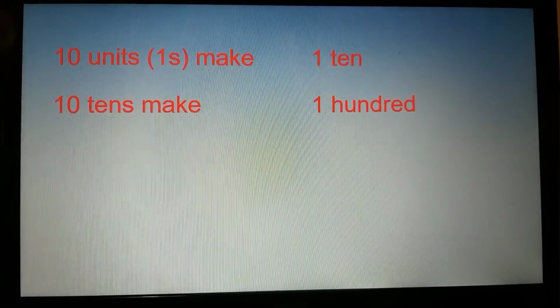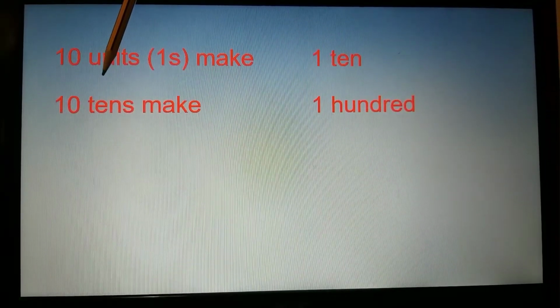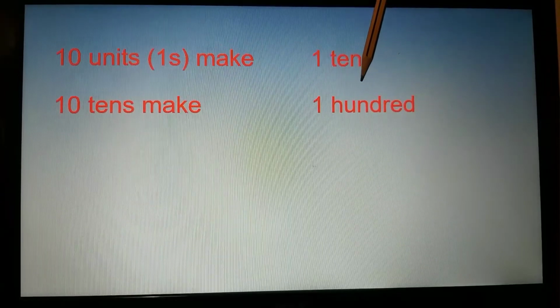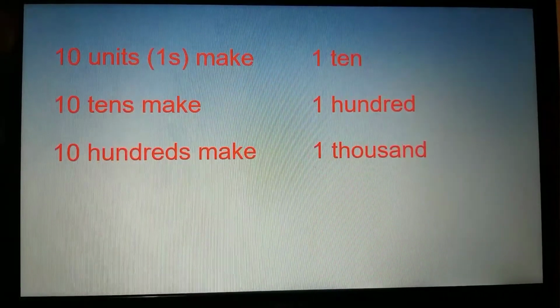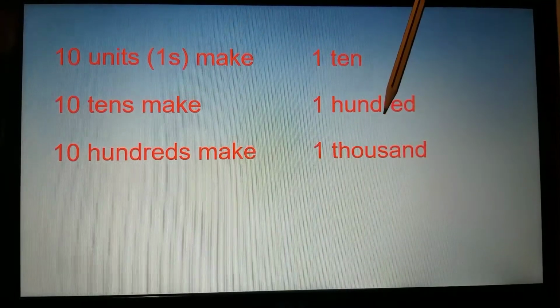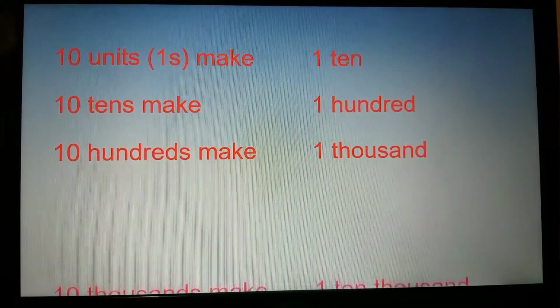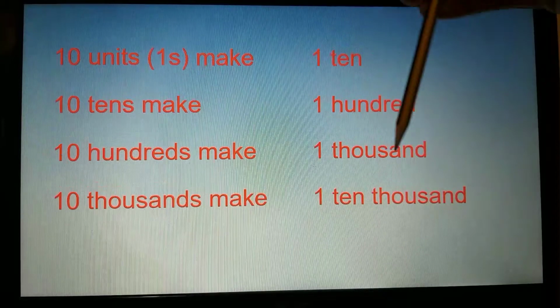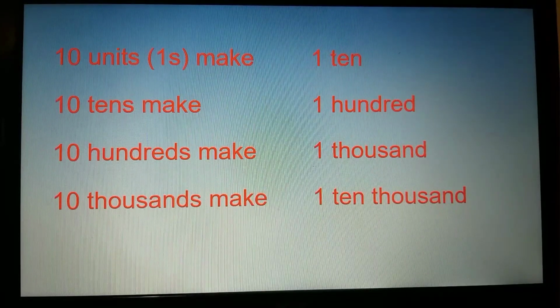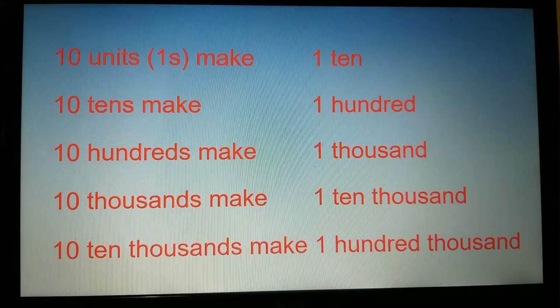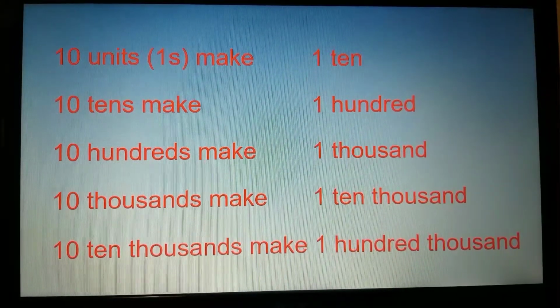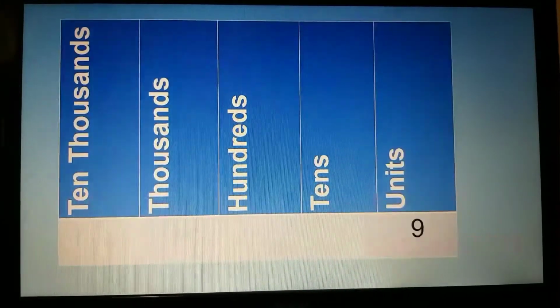So every time we reach 10 tens, we count 100. 10 hundreds make 1000. 10 thousands make 10 thousands. 10 thousands make 100,000, and it keeps going like this forever.